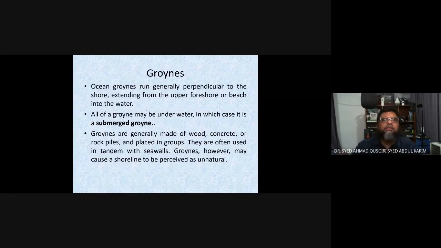Next, we move on, okay, to groins. Okay, groins, they are perpendicular to the shore, extending from the upper foreshore beach into the water. So, if we have the wall, the sea wall is as long as the beach goes.